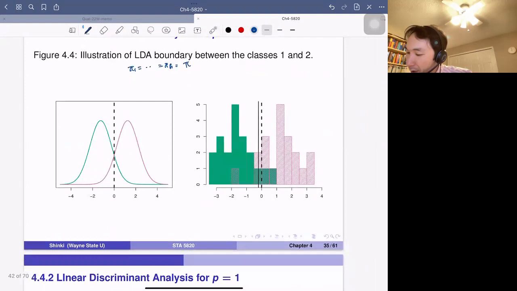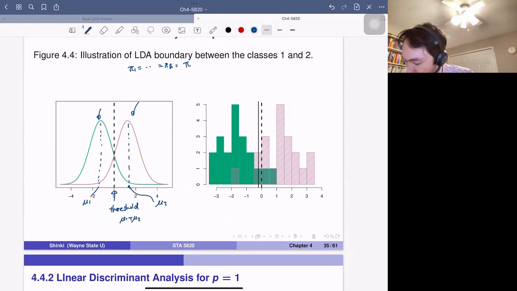Yeah, so if pi 1 and pi 2 are the same, then the distribution is like this, and this is the threshold. This is the first class, with mean mu1, and this point is mu2, and the threshold is (mu1 plus mu2) over 2.